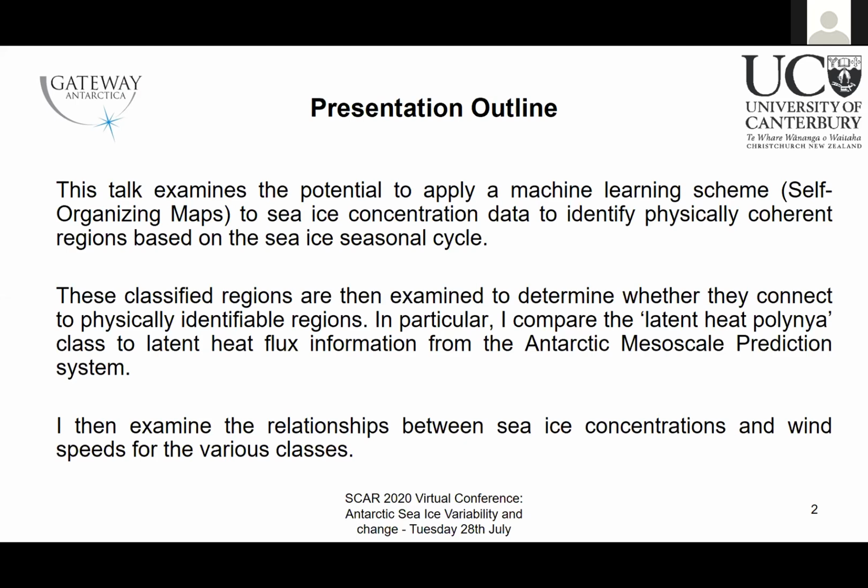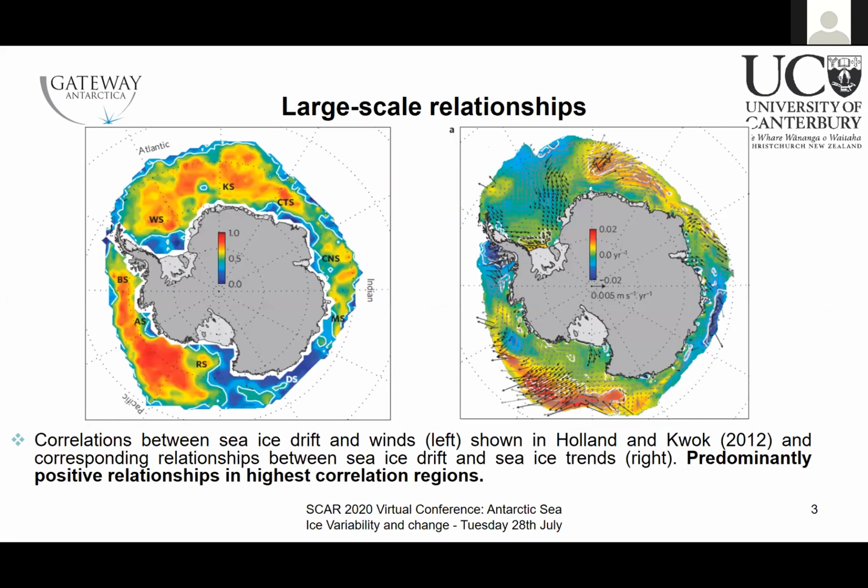I then examine the relationships between the sea ice concentrations and wind speeds for the various classes. Right, okay, so I'll go on, and this is a really old paper now from Holland and Kwok from 2012, but it shows the relationships between sea ice drift and winds.